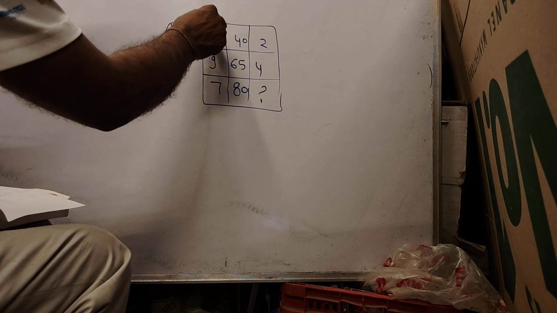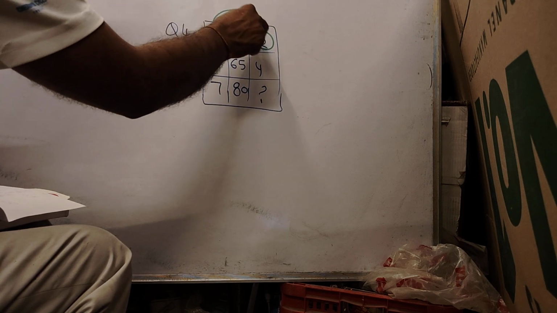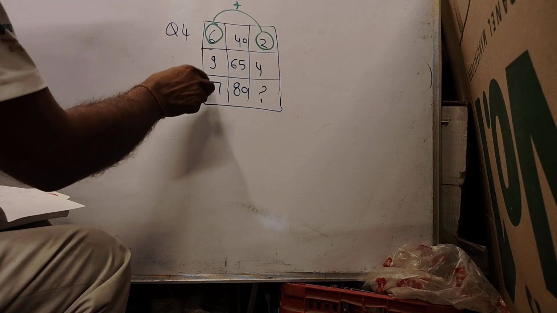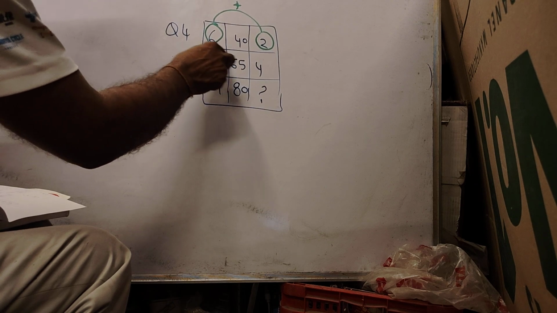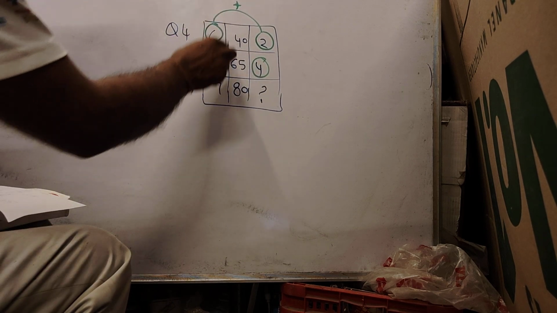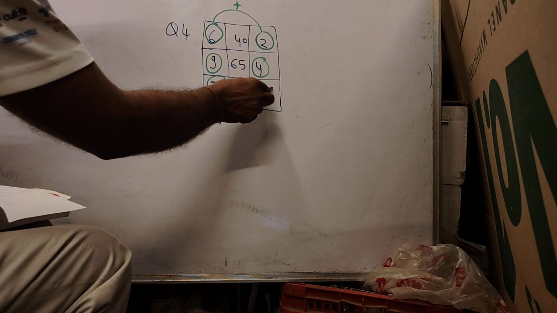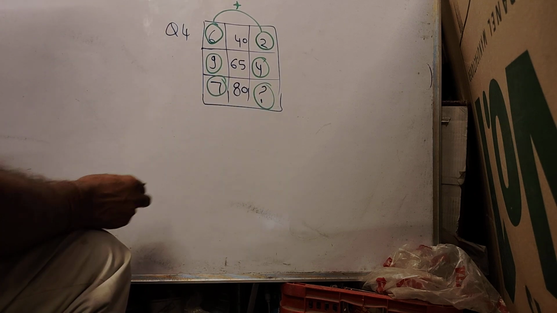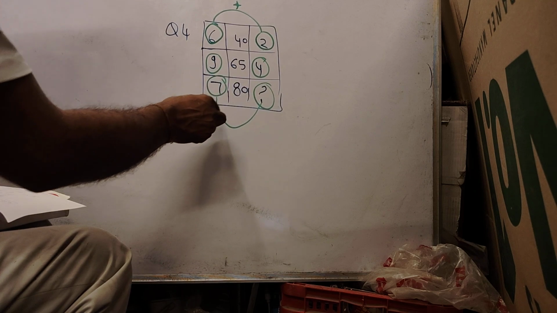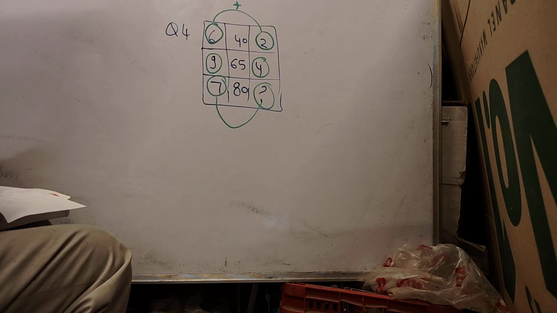Look, there is 6 and 2. 6 plus 2 is 8, and 8 times 5 is 40. Then 9 and 4 make 13. 13 times 5 is 65. Now look, there is a certain rule. So here we add both outer numbers and multiply by 5, and we get the middle number.